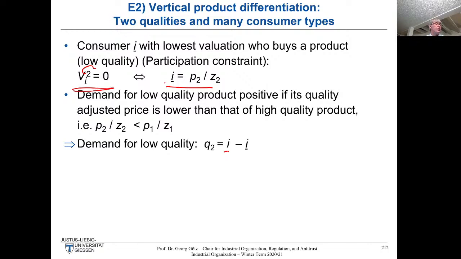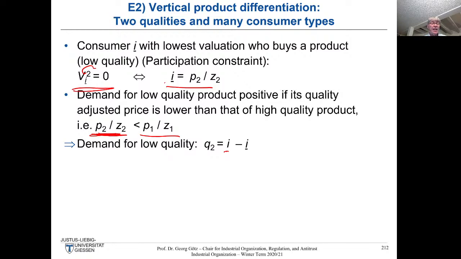Now if we were in the lecture hall, I would just ask you, why does that make sense? Is that an intuitive condition? This is nothing else than the quality adjusted price of product 2 and the quality adjusted price of product 1, of the low quality and the high quality.